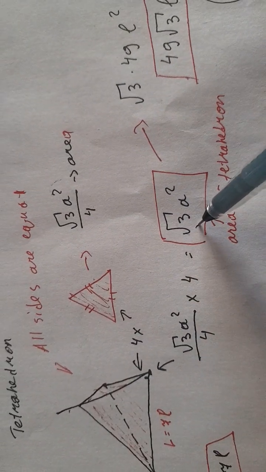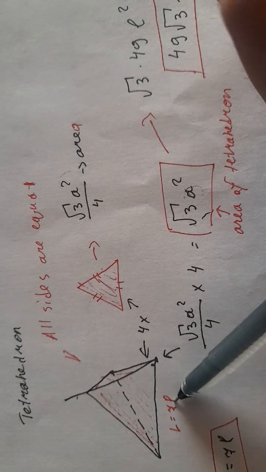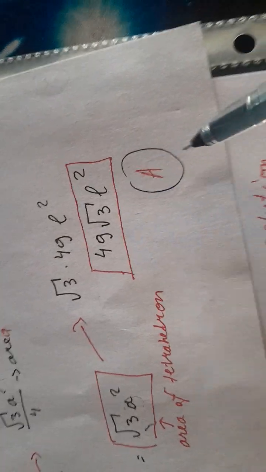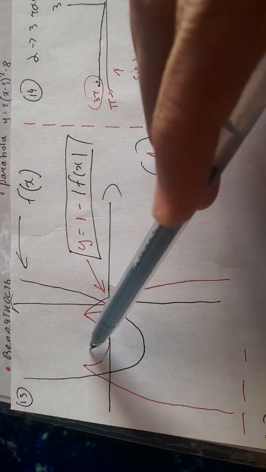So we're getting a equals 7L. Using this formula, the root of 3 multiplied by 7 squared and L squared, this is the correct answer. That's A.